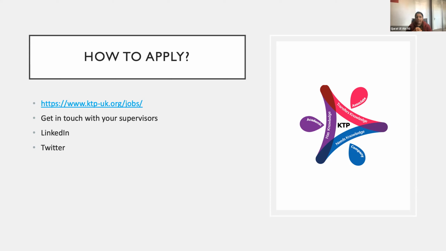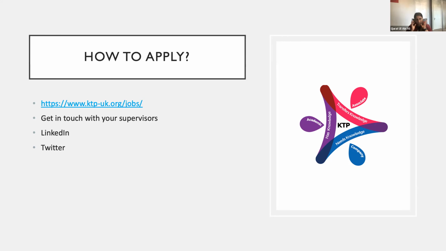And then obviously, like all other jobs, LinkedIn and Twitter, I see most of the KTPs are advertised on both. So if you follow the people that are working in your research area, your supervisors, or the authors of the papers that you've been reading, that can work for you.